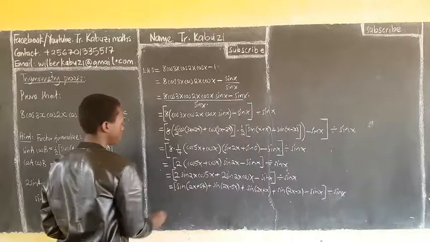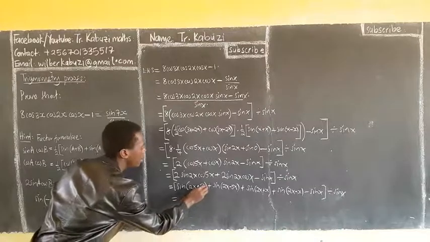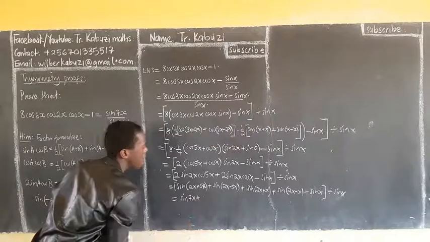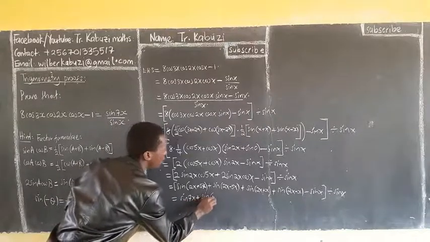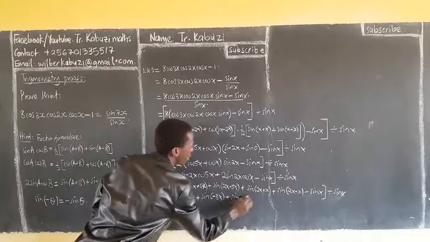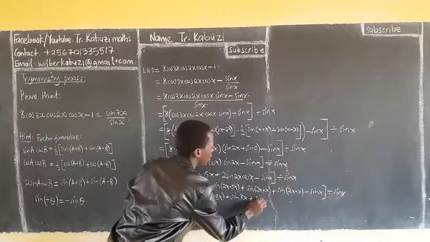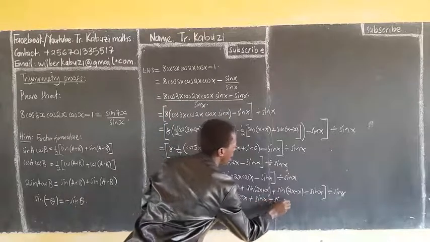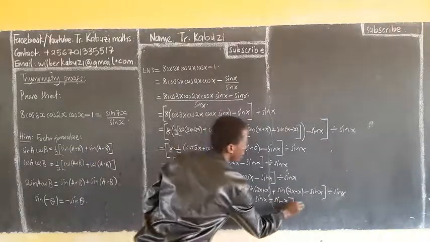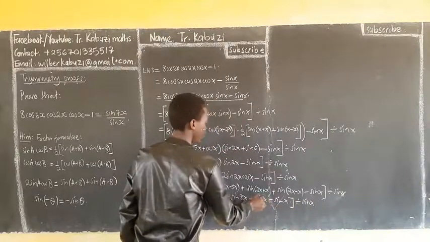Of that thing. So this will give us sine 7x, then plus sine negative 3x, plus sine 3x, then plus sine x, then minus sine x, then after I divide this with the sine x. Minus that, this will vanish.